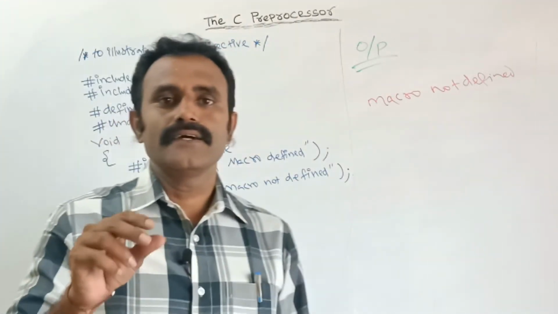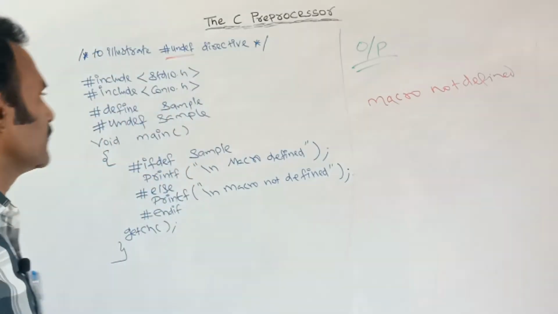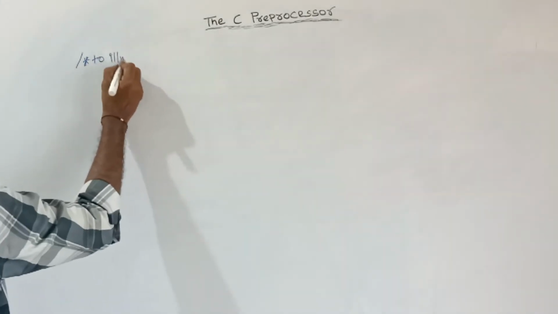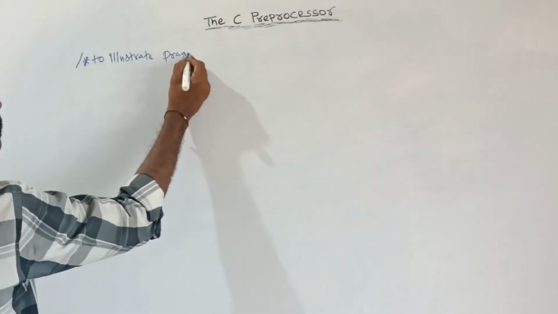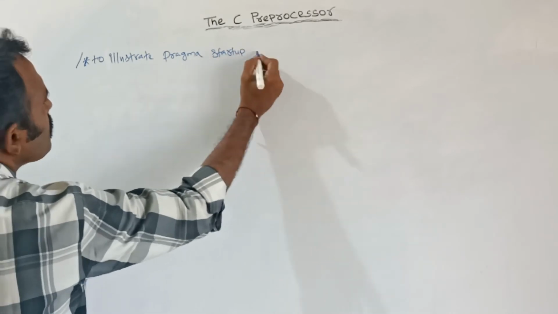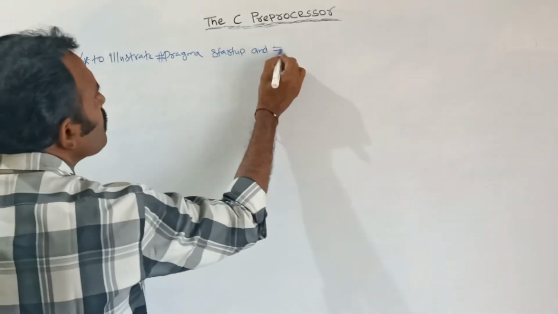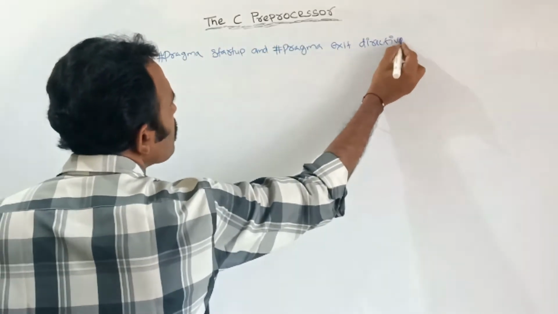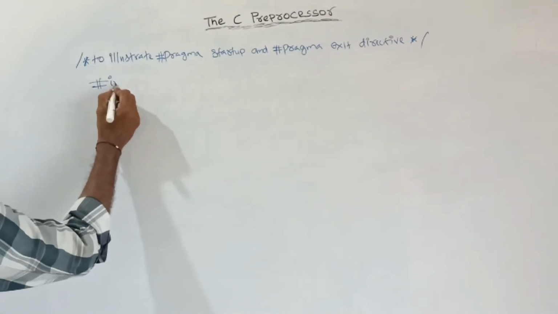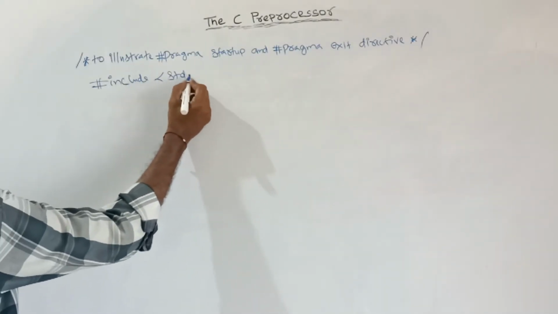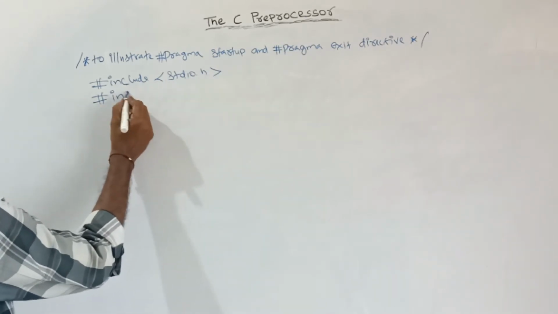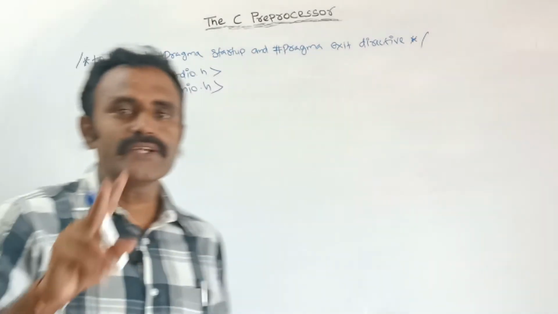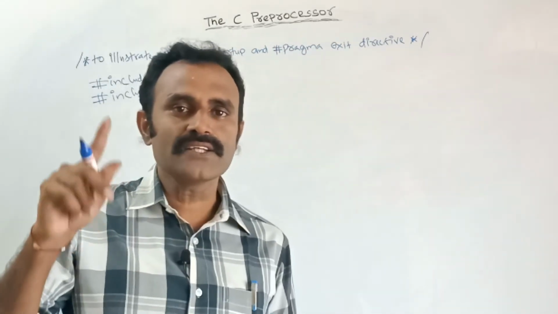Next let us see the pragma directive. I am going to create two functions, function 1 and function 2.